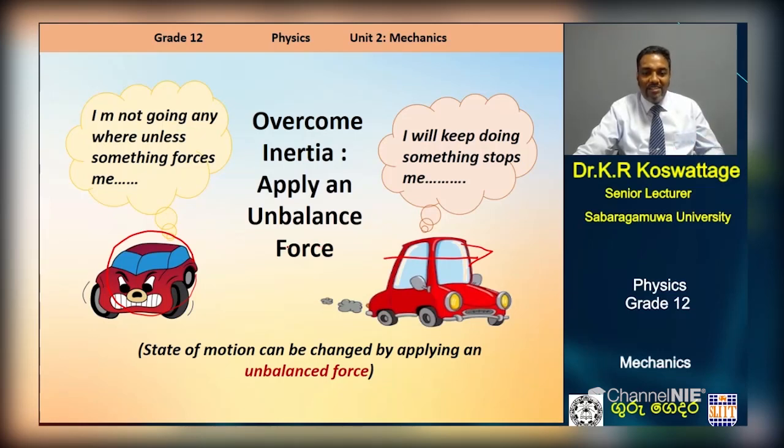If the car is at rest and you want to change the state of motion, you can apply force and start the motion of the car. Likewise, if the car is moving, you can apply force and stop the motion. Here you can see that you can overcome inertia. How are you going to overcome the inertia? By applying unbalanced force.